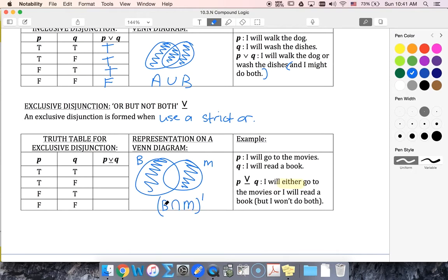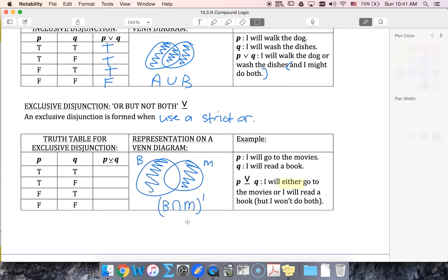But if we just said not the intersection, then that would also include the outside. So that's not really what we want there. So we can't even say it that way.